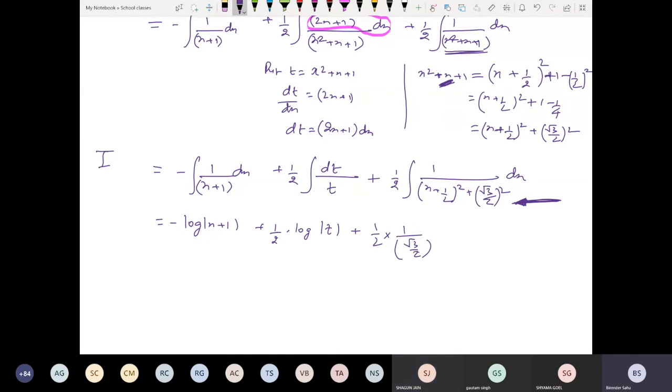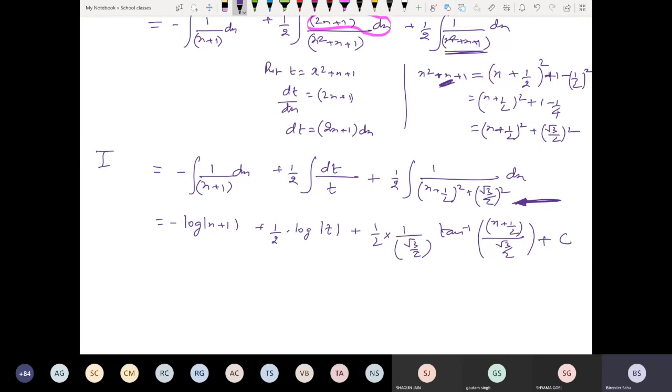1 upon a, see this is a, okay? 1 upon a tan inverse x by a. Here x is replaced by a linear function. I told you in the formula x can be replaced by any linear function. So x over a. But in that case, actually we should divide by the derivative of x plus 1 by 2. But here it doesn't make any difference as it is 1 only.